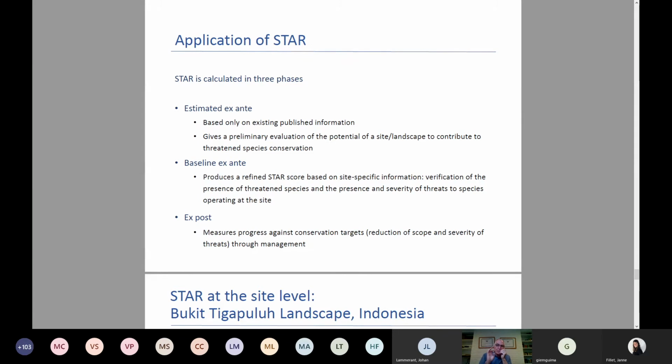And in this, we have a very specific linkage with the mechanism that Leo presented earlier, the SBI, where this can provide a way for results that are generated using SBI to flow upwards into the policy framework, because SBI will allow you to calculate the STAR scores that you generate in a site.